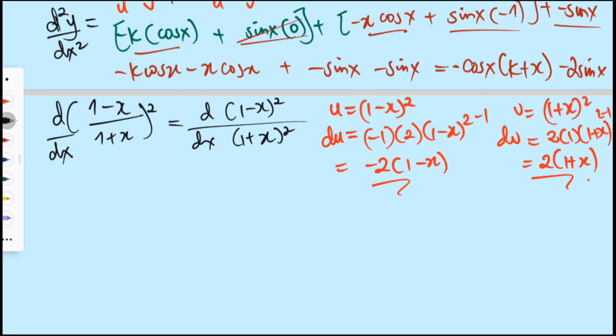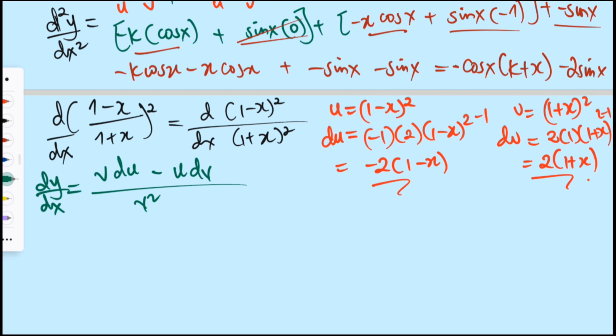Let's use them in the quotient rule formula. The quotient rule, dy by dx, actually states that bottom d top, okay, this was one of our favorites in high school, bottom, which is v, times the derivative of the top, du, minus top u times d bottom, over bottom squared.